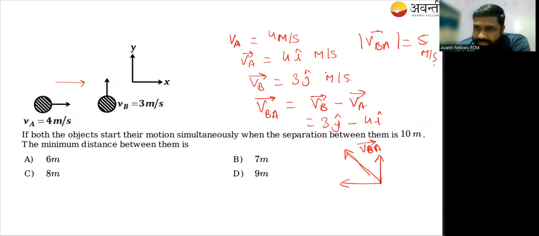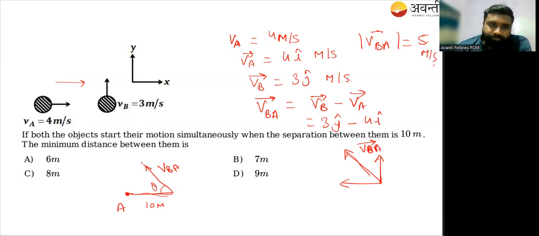Now the concept is, because you can fix the point A, this is the initial distance between them, which is 10 meter. VBA is moving in this direction, which means B is moving with respect to A in this direction. Let this angle be theta.